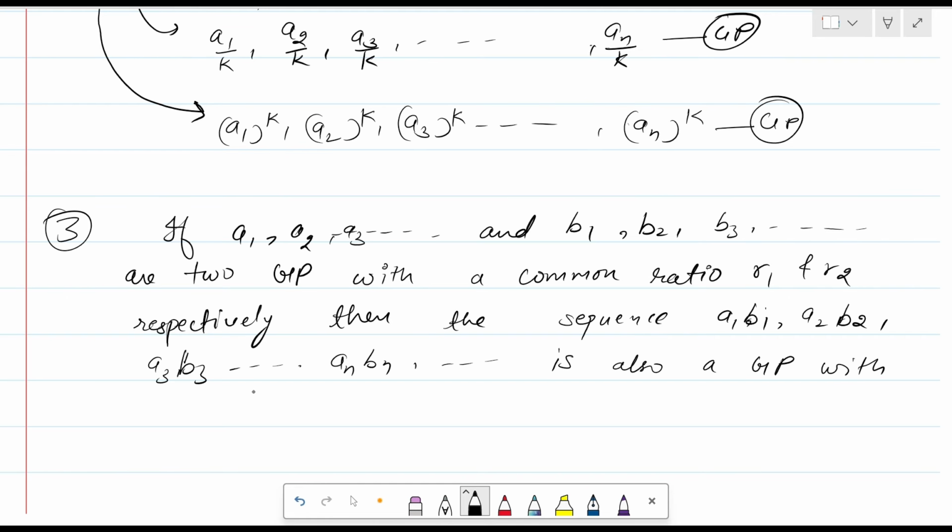And what is the interesting fact, what will be the common ratio? Can anyone guess? It will be R1 R2. Okay.